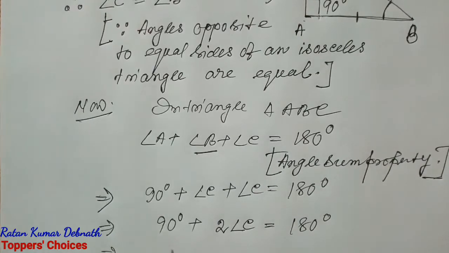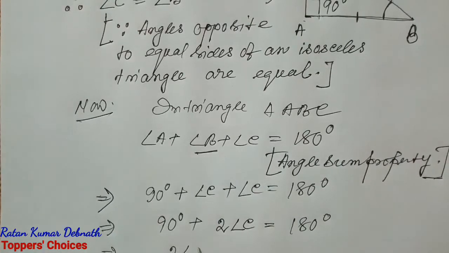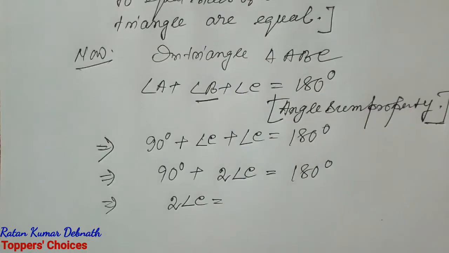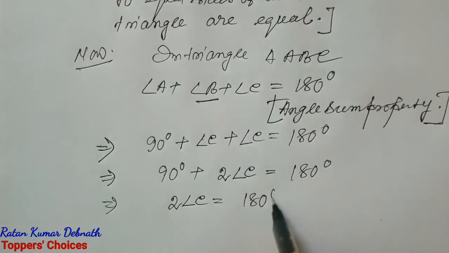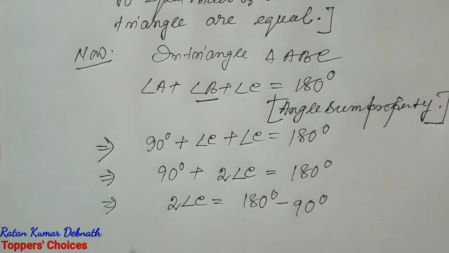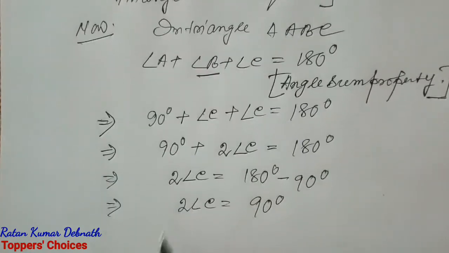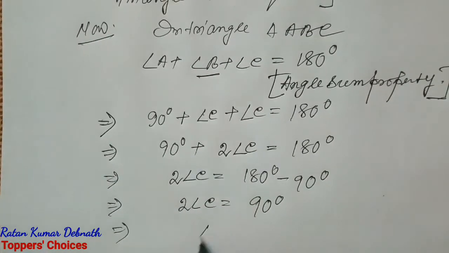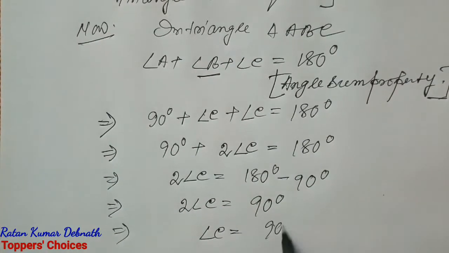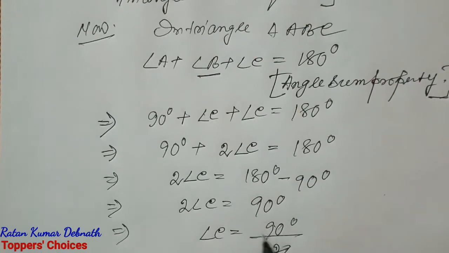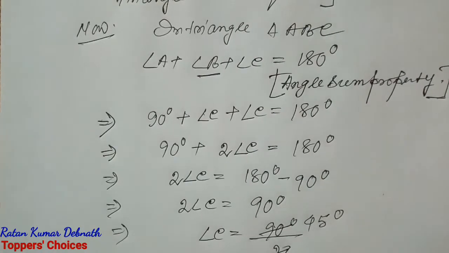That is 2C equals to 180 degree minus 90 degree, which implies 2C equals to 90 degree, which implies C equals to 90 degree by 2, that is 45 degree.